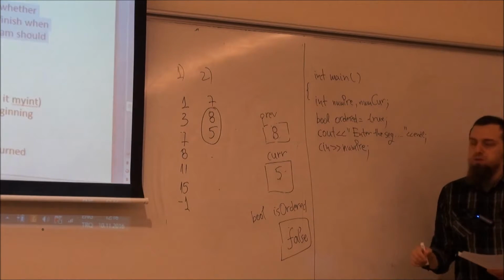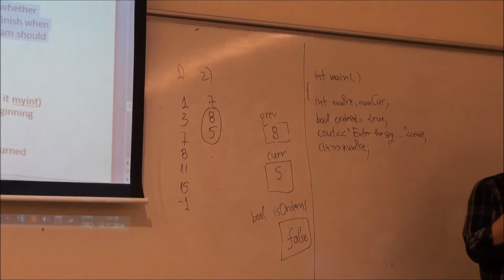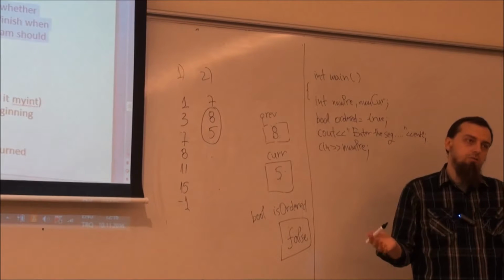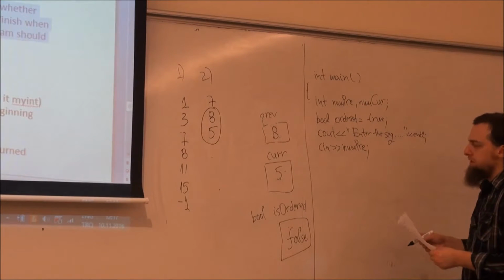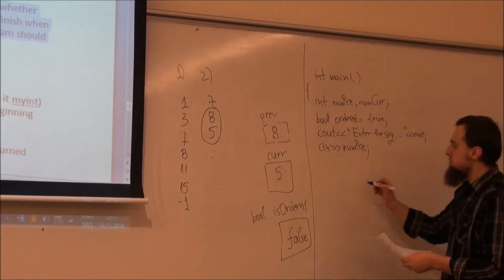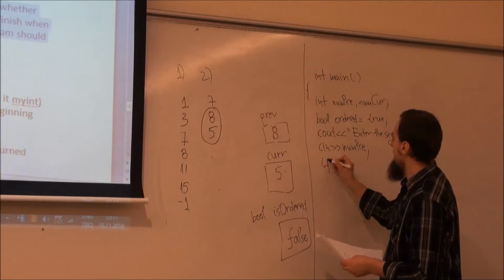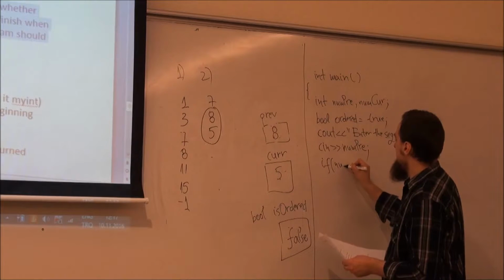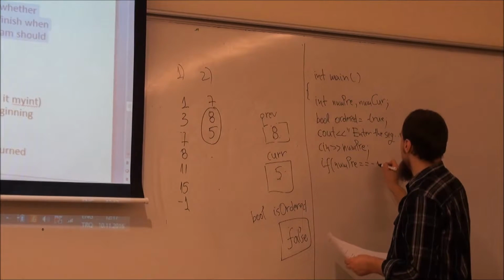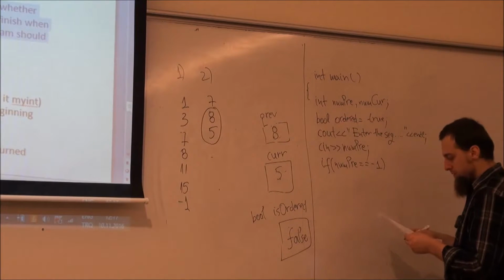Now I should check whether this is -1, since I can give -1 in the beginning. If I give -1, then it's going to be ordered. If I don't give any number, -1 means okay, I'm stopped. The list is finished. That's why I check if the number that I just gave is equal to -1. Then what?